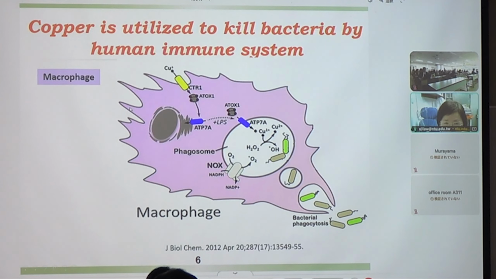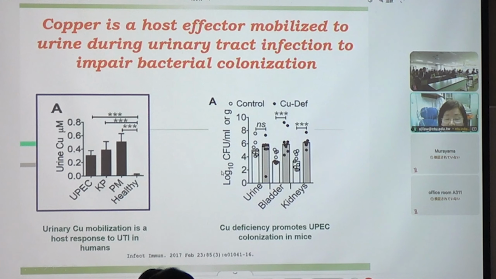And copper also is a member of innate immunity. During infection, the copper will be imported into the macrophage and into the phagosome to help kill the bacteria. And several studies indicate copper is a host effector mobilized to urine during urinary tract infection to impair bacterial colonization.